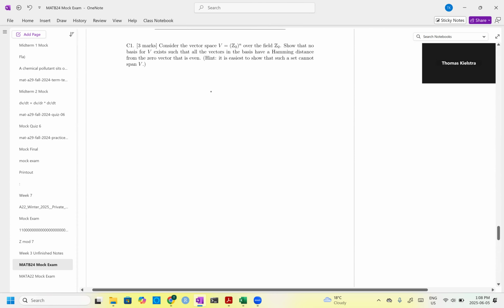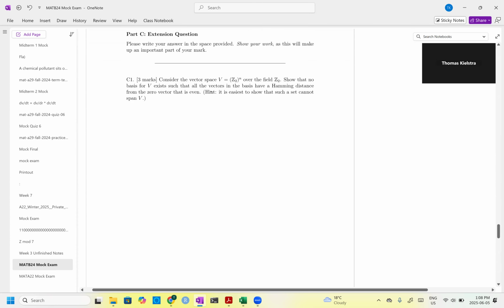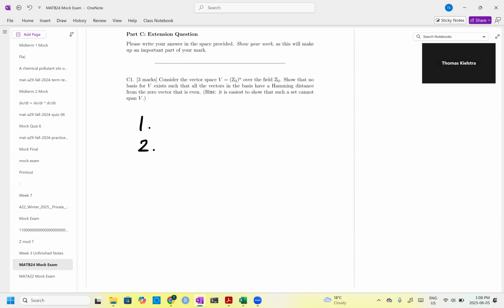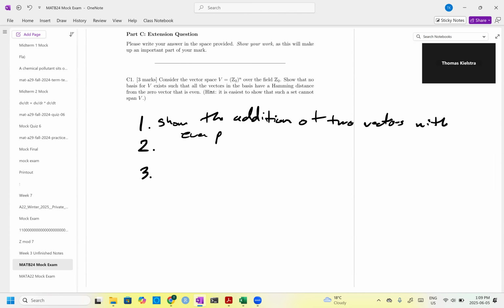Then we have the extension questions here. This first extension question is quite challenging, and it goes into 3 steps. First, we show the addition of 2 vectors with even parity will have even parity.